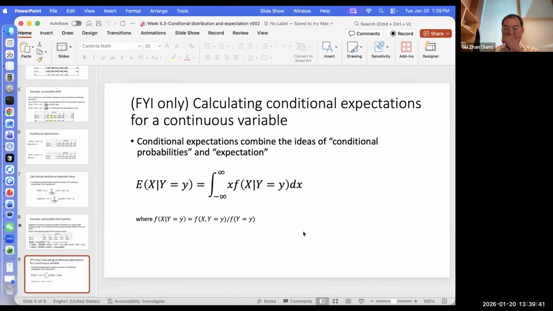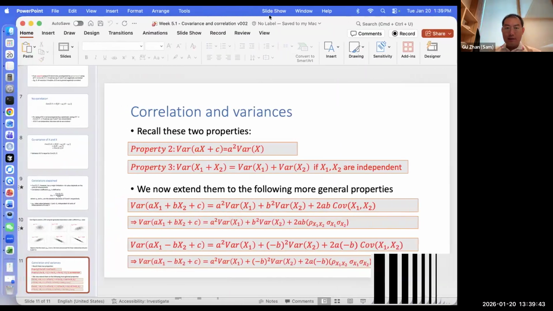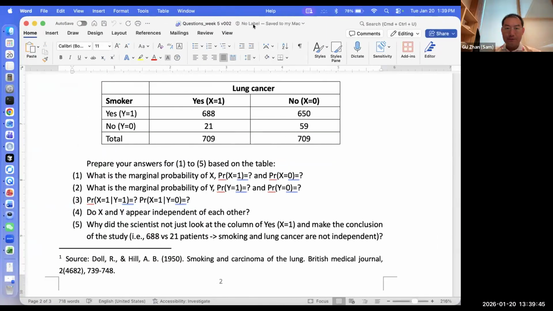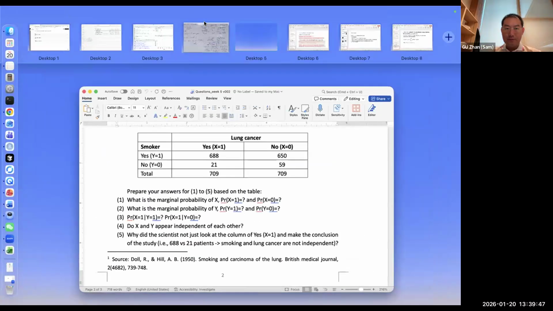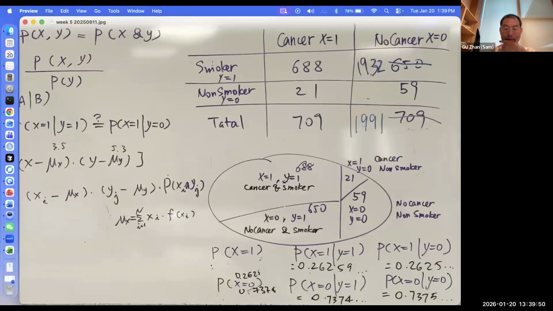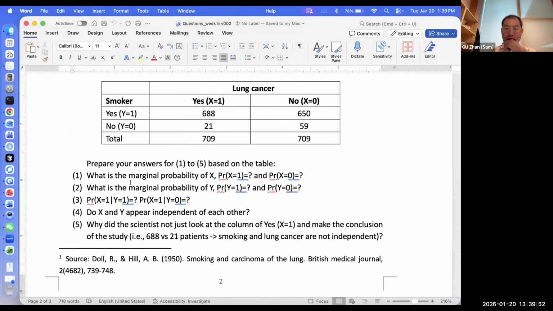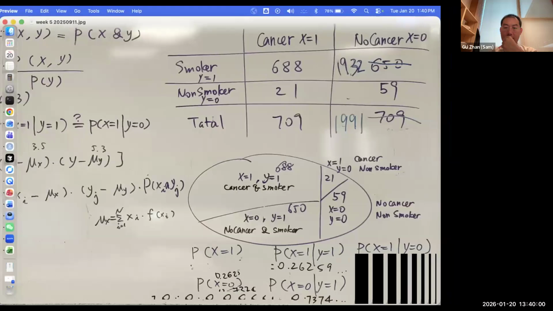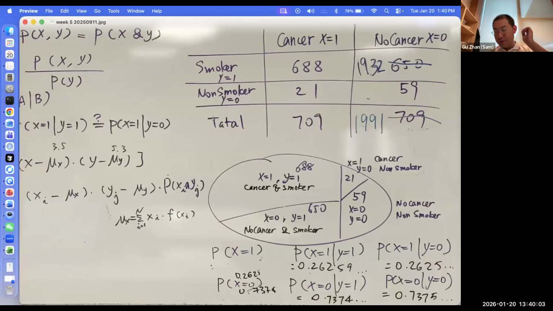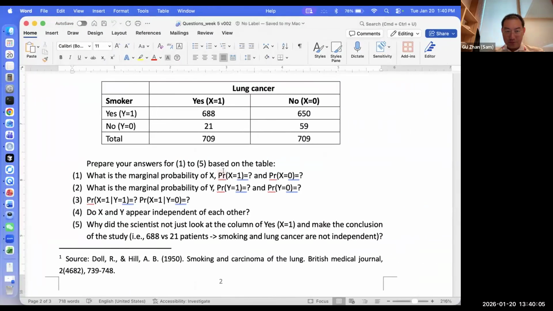Next we look at this. You're asking for x equal to 1. What is the marginal probability of smoker and non-smoker? How do you calculate this one? How many smokers are there? What is the marginal probability x equal to 1?